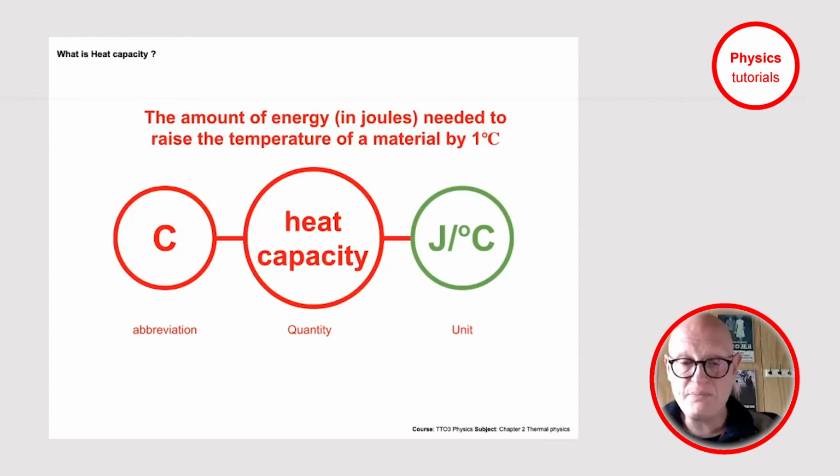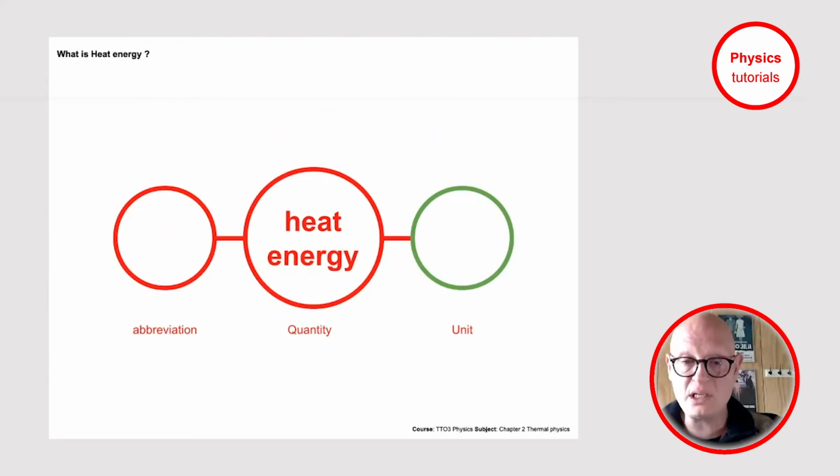Heat capacity can be calculated when you know the heat energy and the temperature rise. We use the quantity heat energy, which we abbreviate with the letter Q, and the unit is joules.